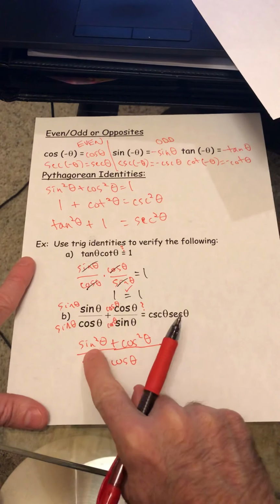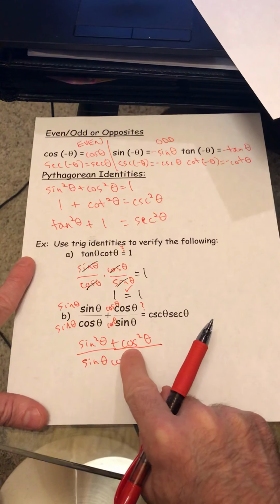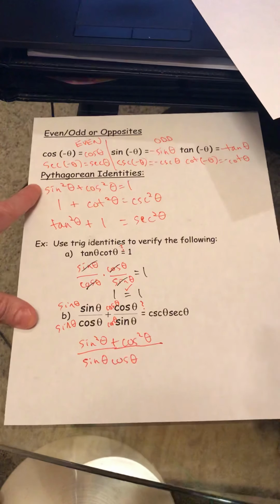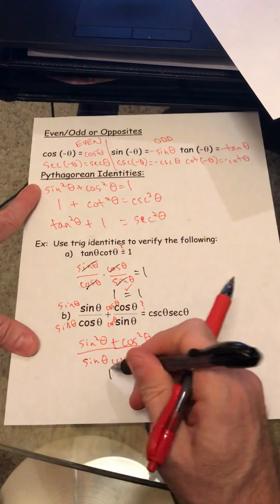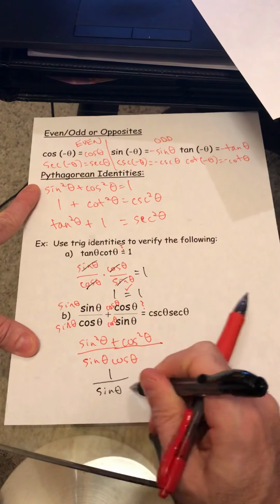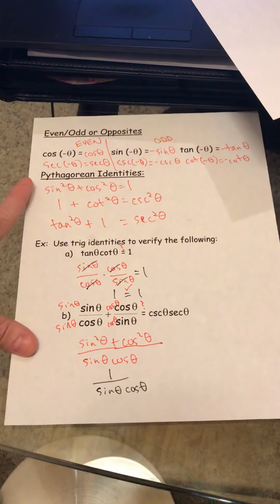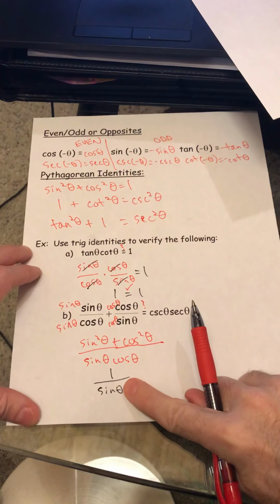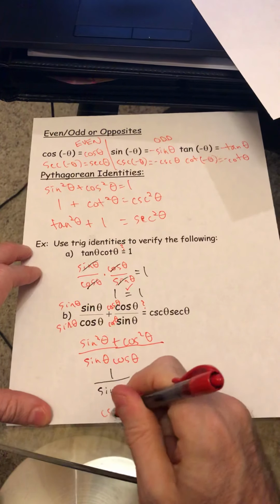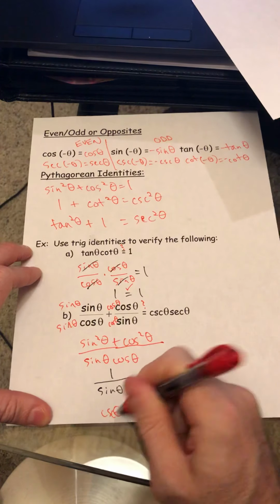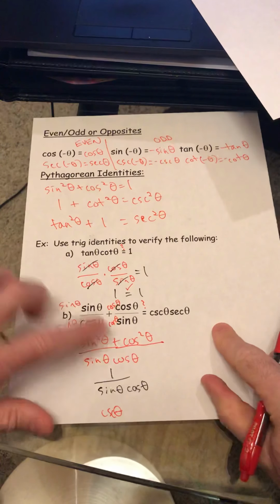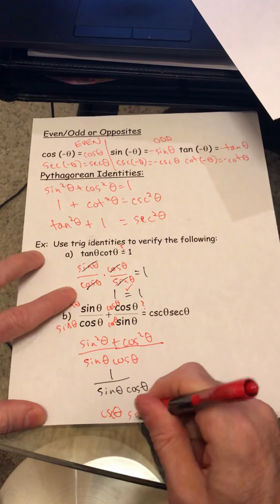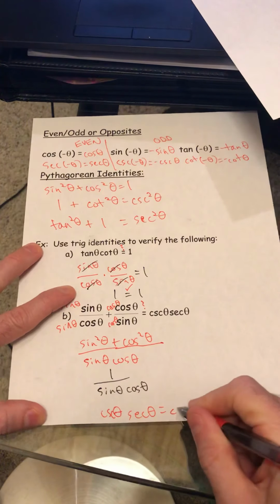Now, sine squared plus cosine squared is our Pythagorean identity. So in place of sine squared plus cosine squared, I can substitute in 1. Now, with what's left, I have 1 over sine, which is cosecant, and I have 1 over cosine, which is secant, which is what we needed.